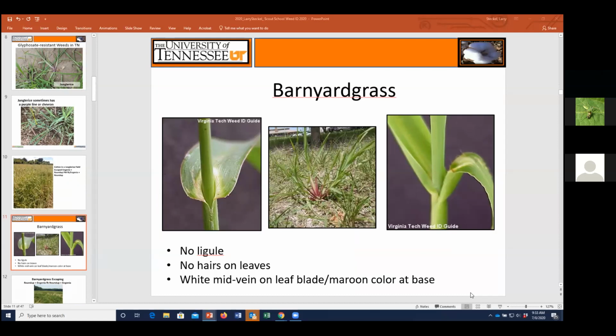You notice it's still got that purple base, that red base to it. You notice it doesn't have a ligule there in that first left picture, and it doesn't have any hair on the leaves. Sometimes you can notice in the picture it's got a purple edge to the leaf as well, and also a white midvein on that leaf blade that we were talking about.